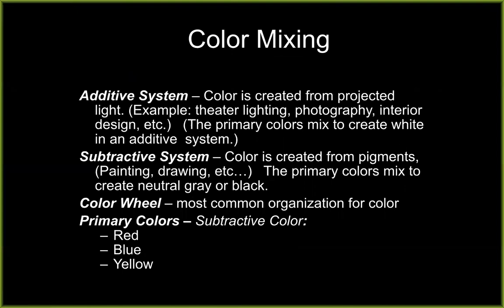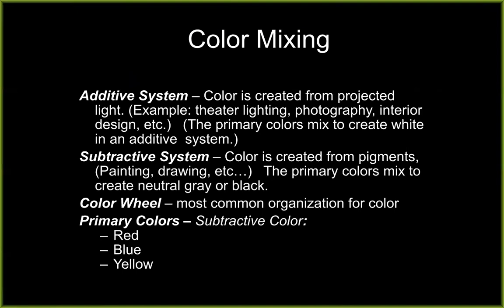There's two systems that we use in the art and design world. There's the additive system, where the color is created from a projected light. That would be things like theater lighting, photography, and all the primary colors mix to create white in an additive system.